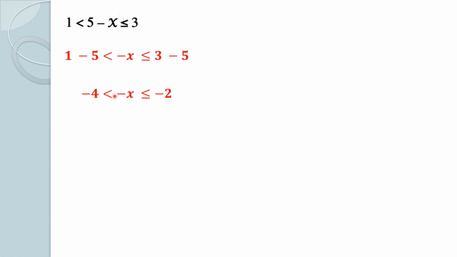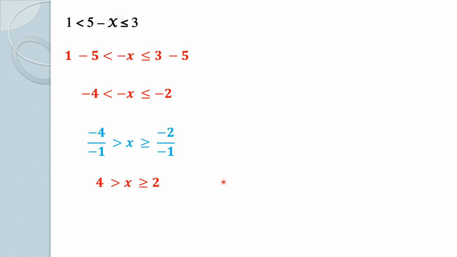To remove the negative, divide by negative 1 on the 3 sides. Dividing by a negative number, the sign will be changed. Negative 4 over negative 1 more than x more than or equal negative 2 over negative 1, which means 4 more than x more than or equal 2.